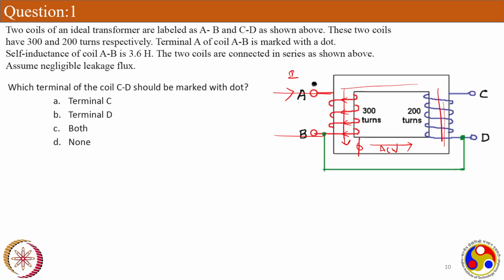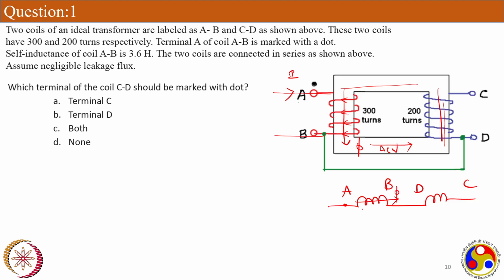They are not magnetically coupled anymore. The connection is simply like this: this is A, this is B, this is D, and this is C. They are not magnetically coupled, and they are not electrically isolated. They are electrically connected. With this convention, we have found that this flux is in this direction.